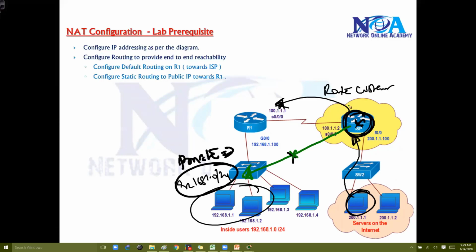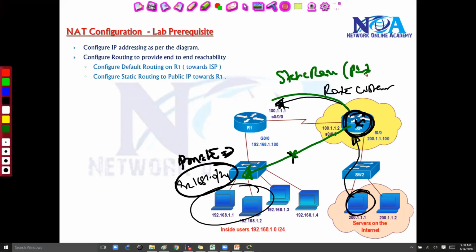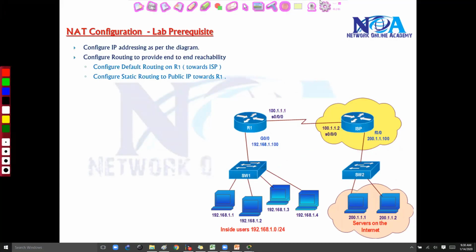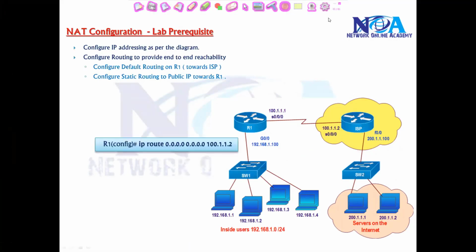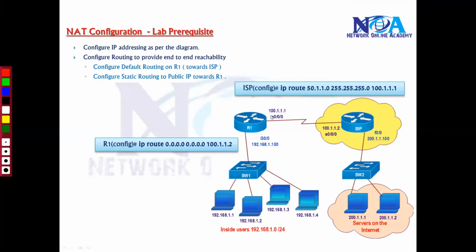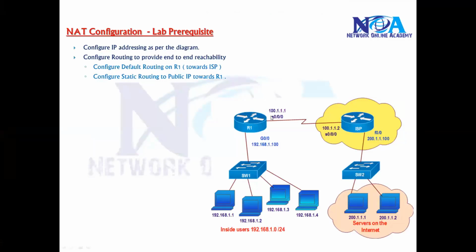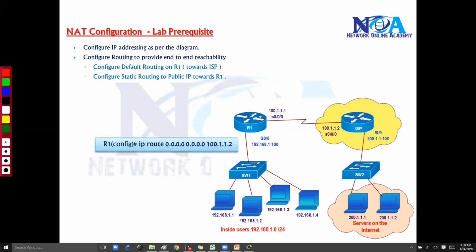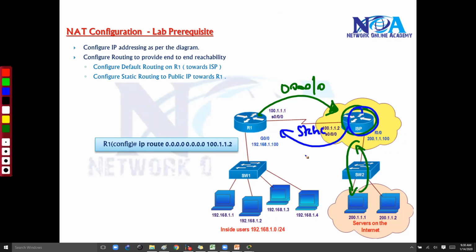So basically the service provider will have a static route for the public IP. Whatever public IP we have used, the service provider will have a route or static routing for that public IP. So if you check this scenario here, from my router towards the service provider I will be configuring the default route, and the packet will route and reach the server, return back, and the service provider will have a static route for the public IP, whatever is used for translation.